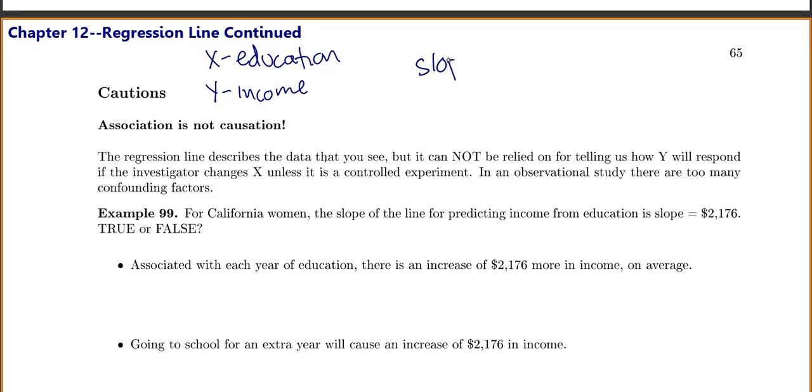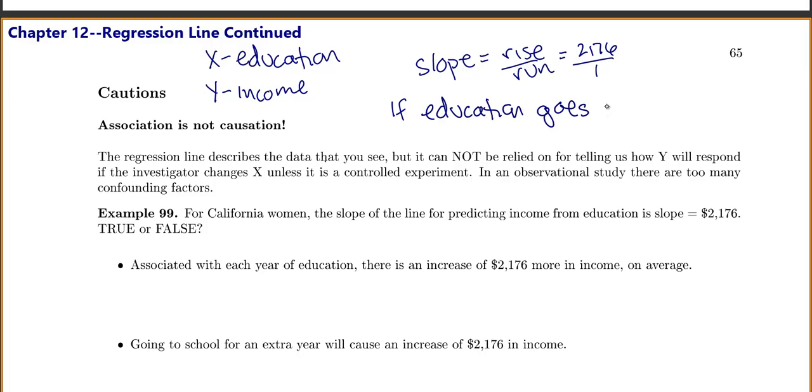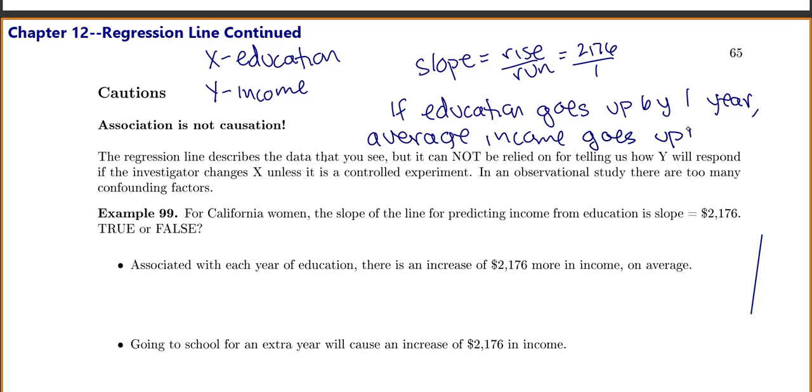Our slope always tells you rise over run, and in our case our slope is 2,176, and then we can put it over the number 1 to make it a fraction. So what does this say? It's basically saying, if education goes up by 1 year, the average income goes up by 2,176.